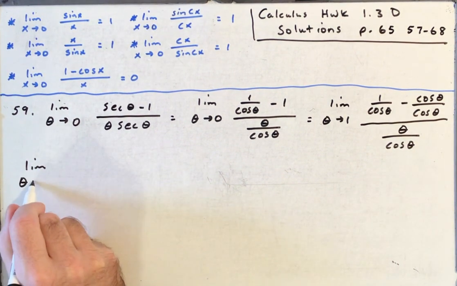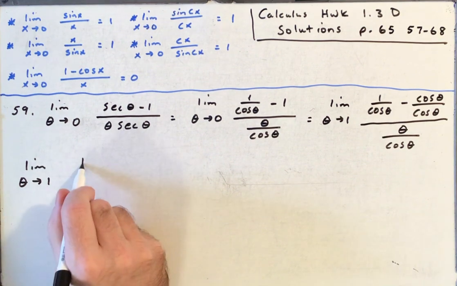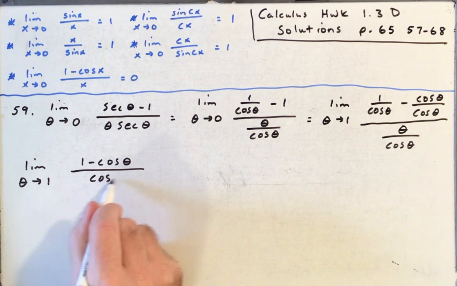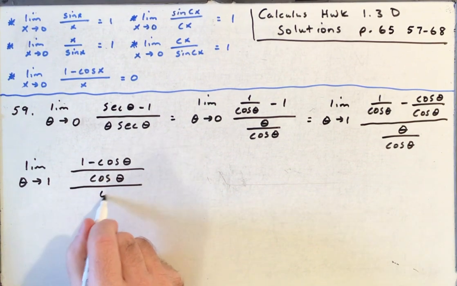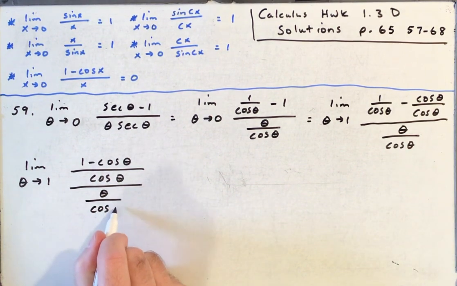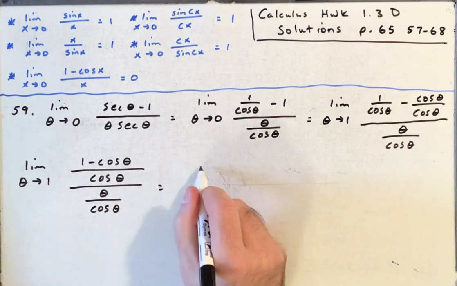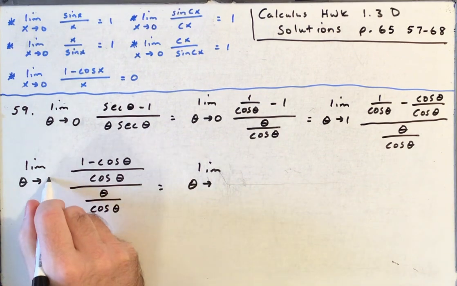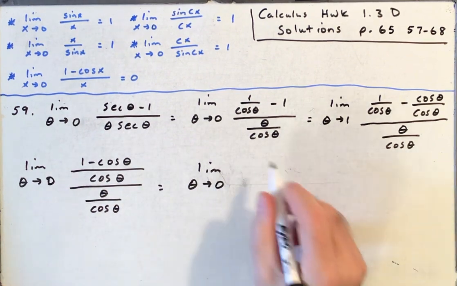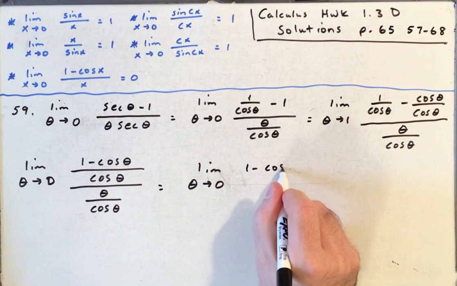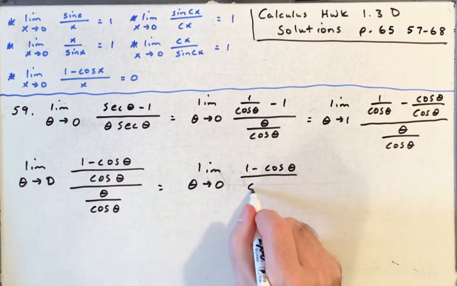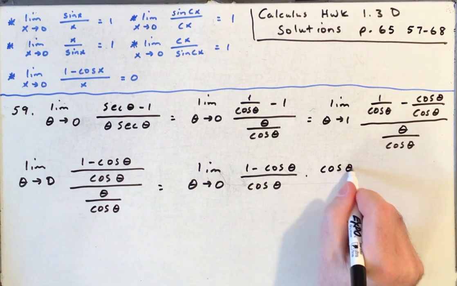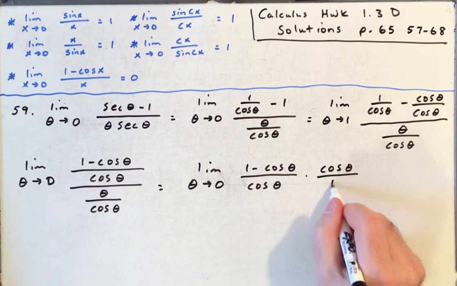But it allows me to put that fraction together. So that's the limit as theta approaches 0 of 1 minus cosine theta over cosine theta over theta over cosine theta. Now I'm going to flip this bottom fraction and multiply it. That's 1 minus cosine theta over cosine theta times cosine theta over theta.